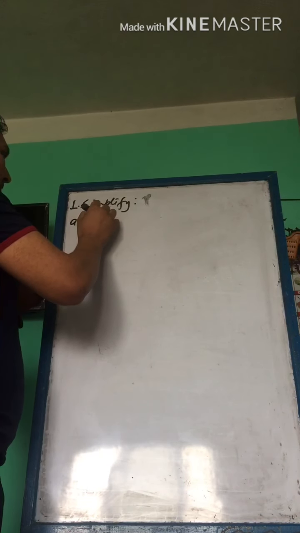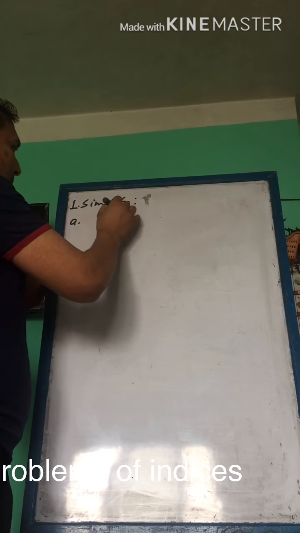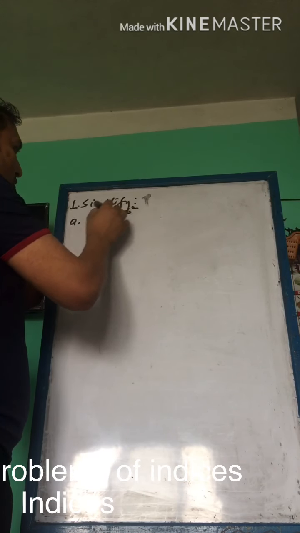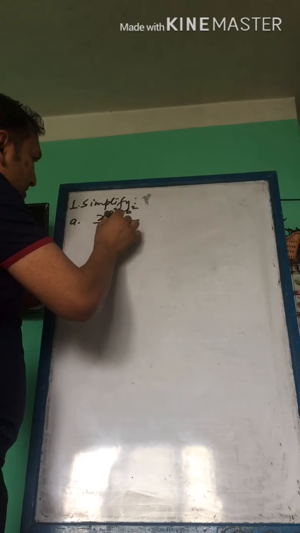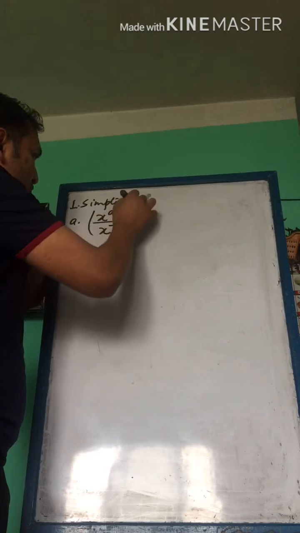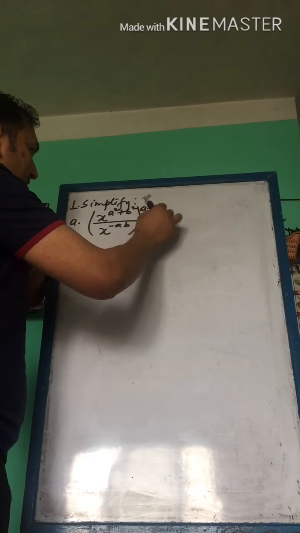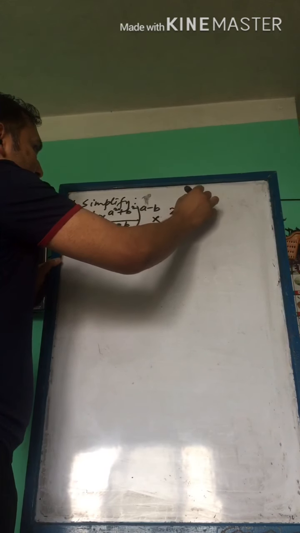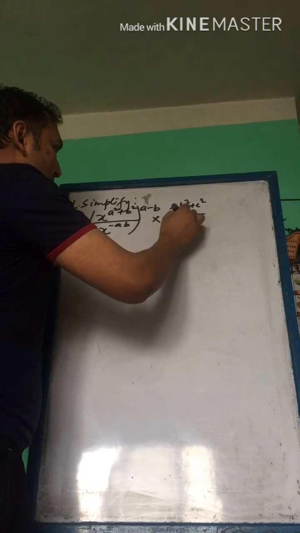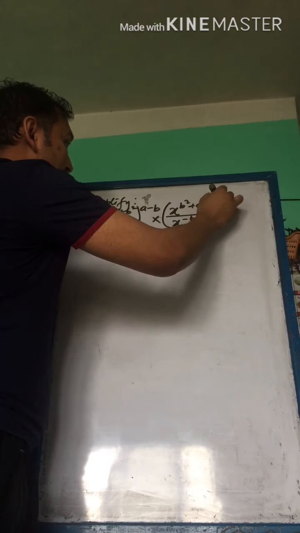Here, x to the power a square plus b square whole upon x to the power minus ab, whole to the power a minus b. Similarly, x to the power b square plus c square whole upon x to the power minus bc, whole to the power b minus c.